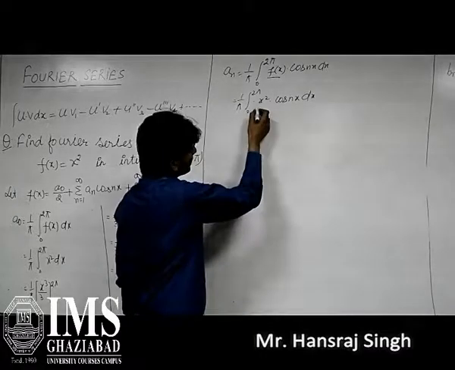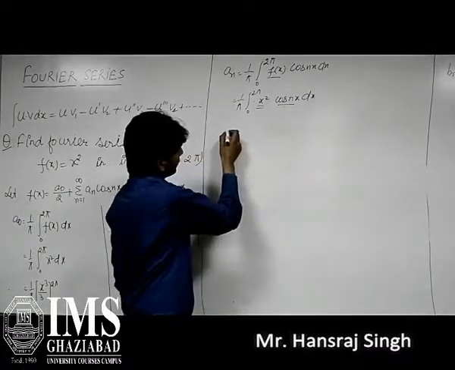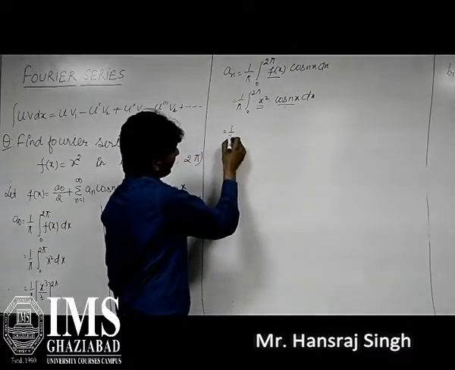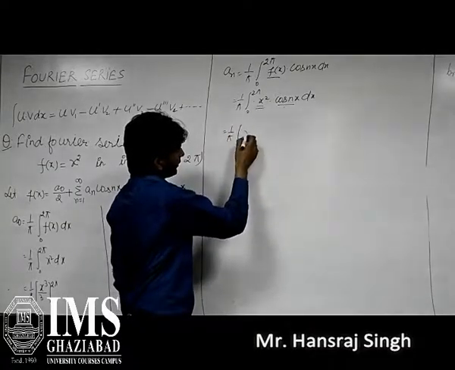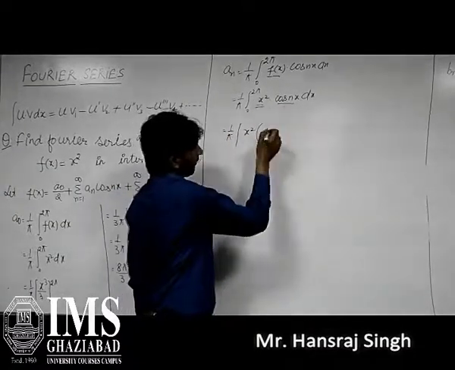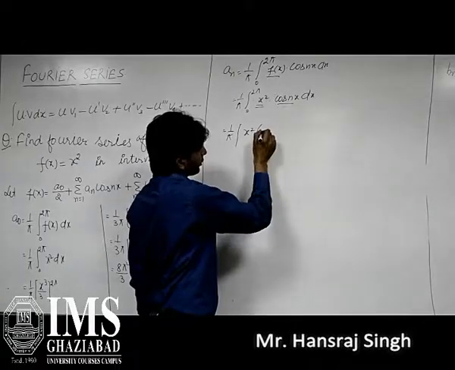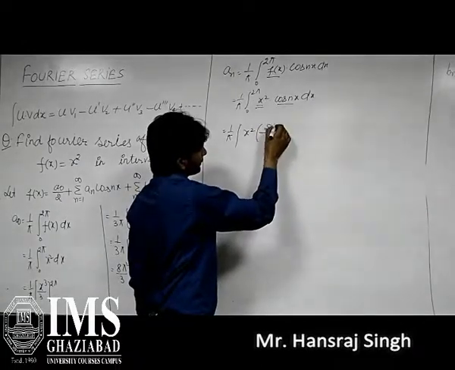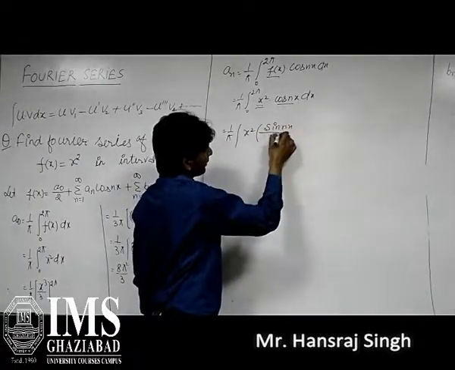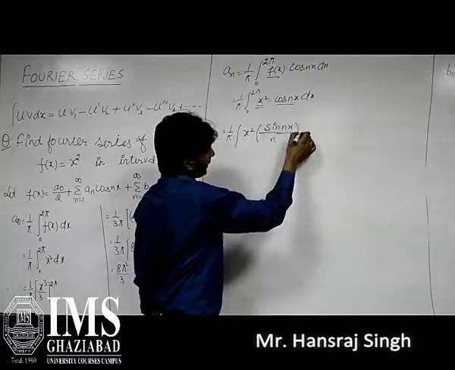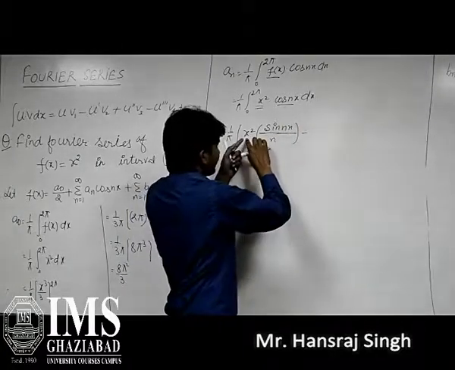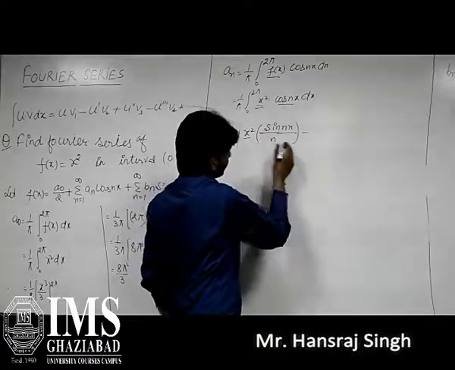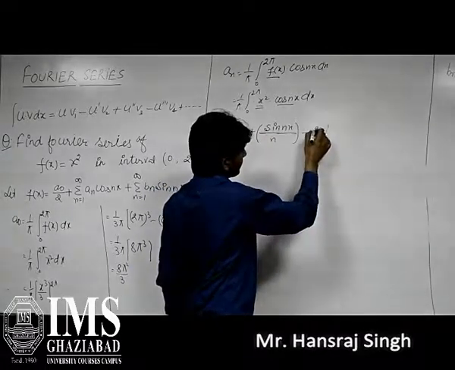Here we integrate by parts, this is the first function, this is the second function. This is 1/π, first function as it is, so it is x², integration of the second, the integration of cos nx is sin nx/n, and differentiation of the first, that is x², is 2x, and integration.